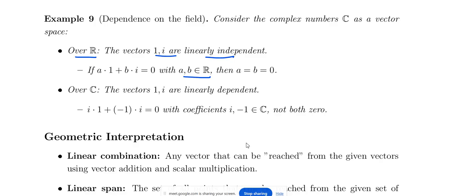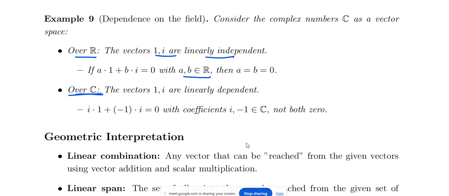But 1 and i are linearly dependent over C: i into 1 plus (minus 1) into i equals 0, with coefficients i and minus 1 in C, not both 0.